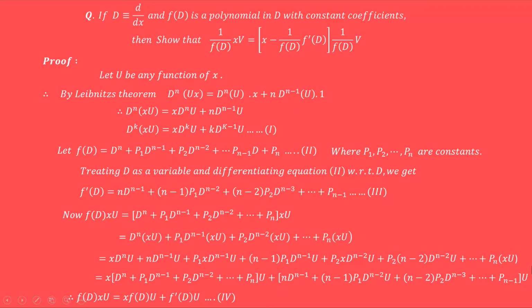This is f dash d and this is f of d. And so we get f of d into xu is equal to x into f of d into u plus f dash d into u. This is equation number 4. Now write down this equation again. Equation number 4, which is f of d into xu equal to x f of d u plus f dash d u.